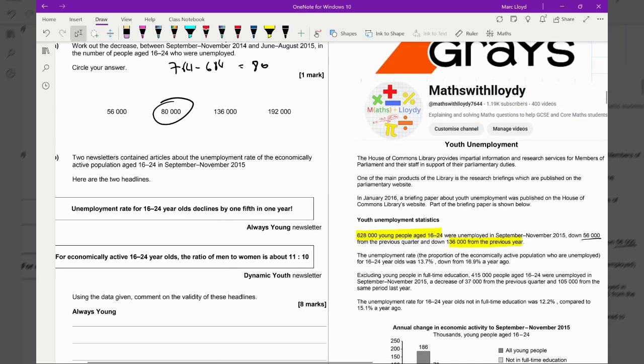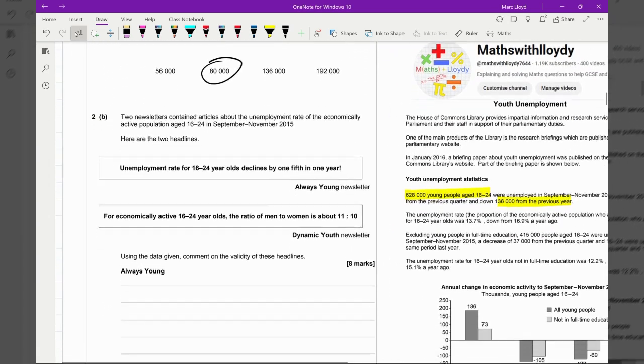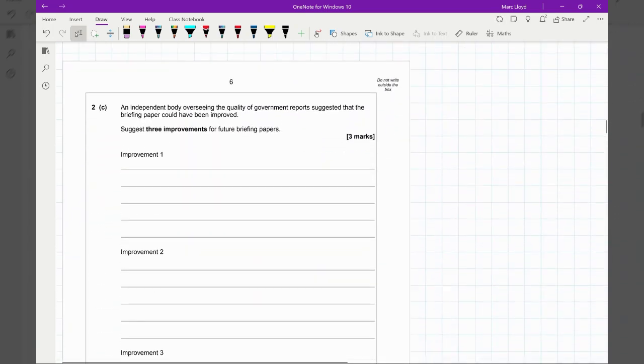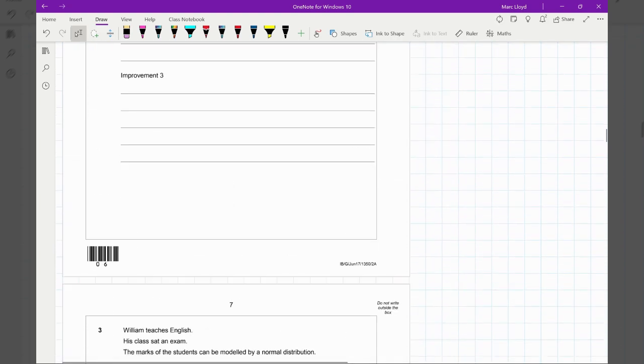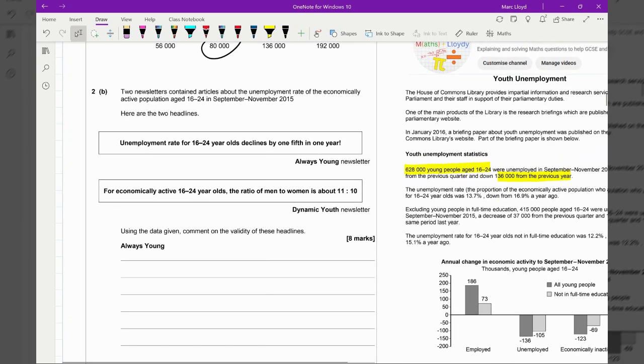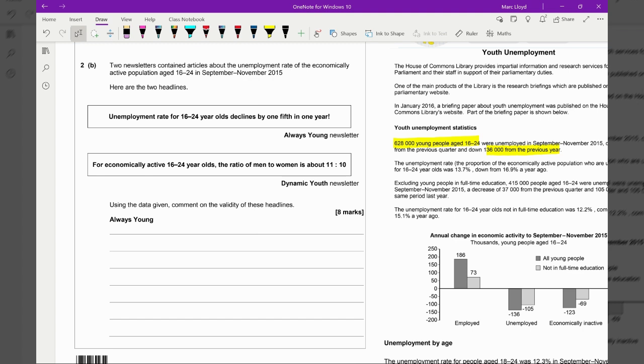Okay, 8 marks now. This is a big question. So that's 9. We've then got anything else on it? Yeah, 3 more. So that is a big, big question. Two newsletters contained articles about the unemployment rate of the economically active population aged 16 to 24 in September, November 2015.